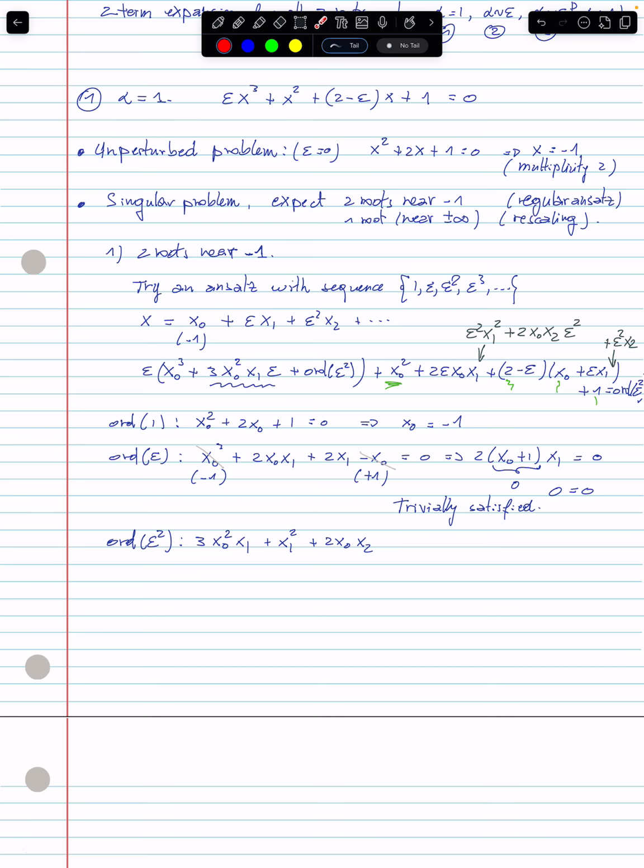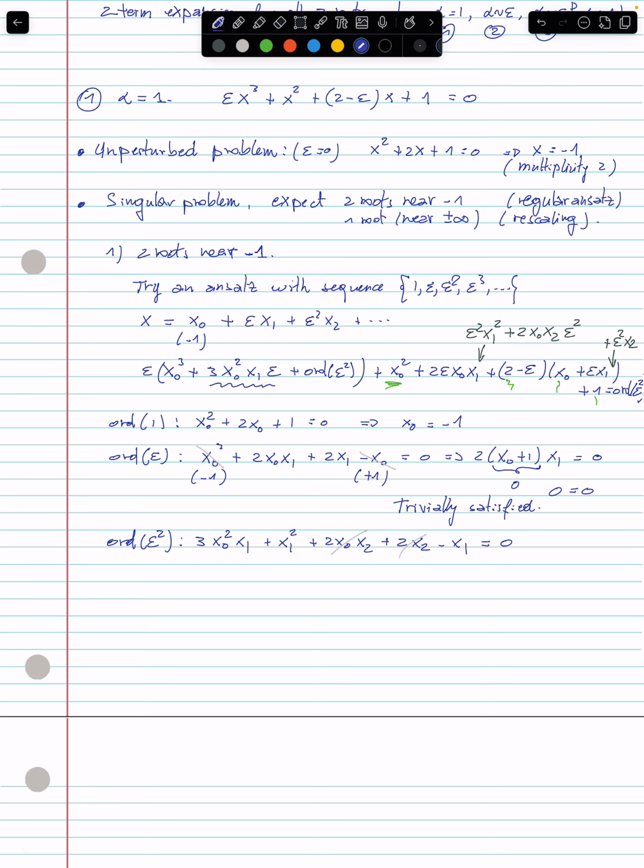And then what do we have from the last term? We are looking for terms in epsilon squared. So we have 1 here multiplied by this, and we have 2 multiplied by that. So we have 2 extra terms over there: plus 2x2 epsilon squared and minus x1. And this should be equal to 0. Let's first have a look at the terms related to x2, and we recognize exactly the same pattern as what we had before, meaning that because x0 is equal to minus 1, these two terms vanish.